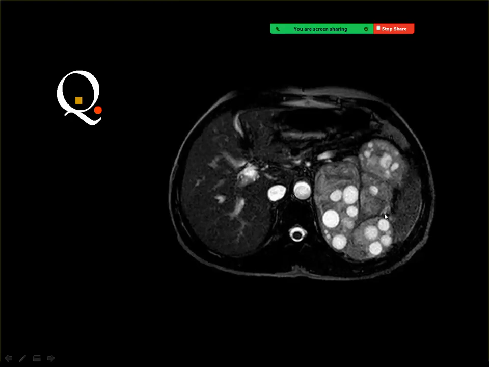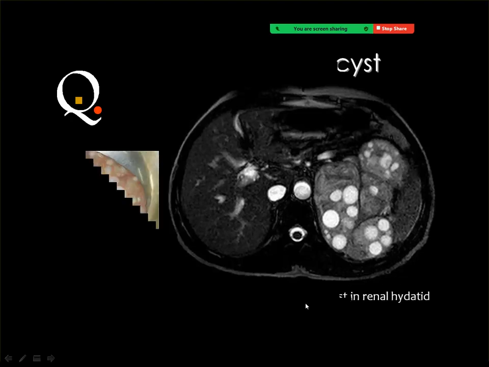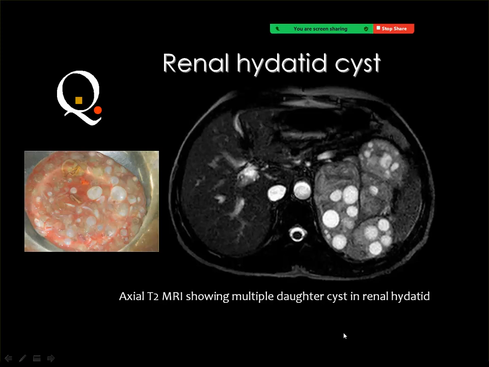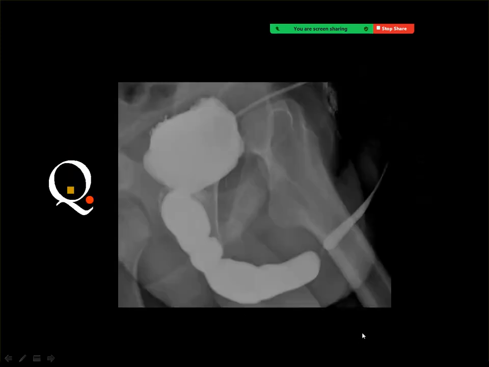You got multiple cysts with internal daughter cysts, which are classic appearance of the hydatid cyst in the kidney. And this is the gross specimen after surgical removal. And you see the big lesion with internal daughter cysts inside corresponding to this MR image.